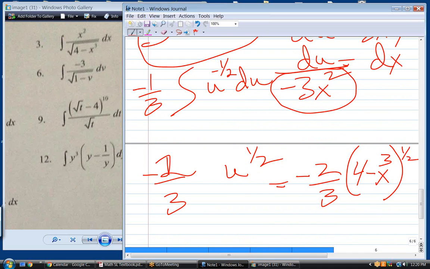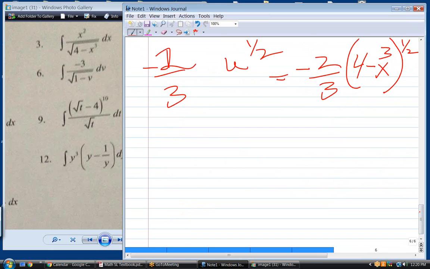Okay? Now, if you really want to know whether you did your integral right, what do we have to do? Take the derivative. Okay, let's take the derivative of that. Let's see what we get. Where do you start with the derivative? You put the multiply by 1/2 in the front. Right.